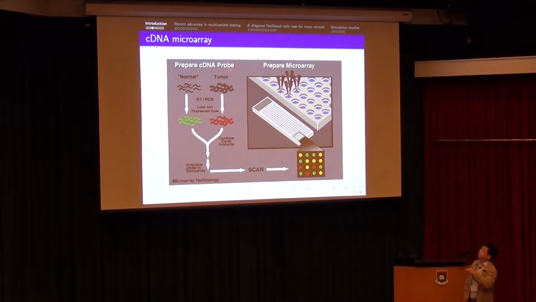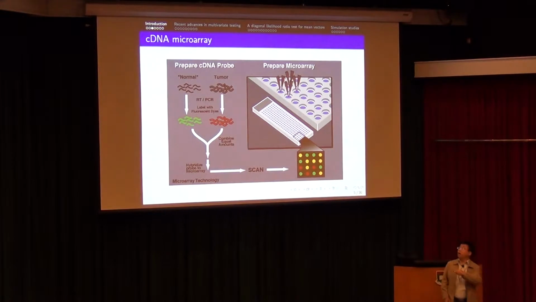But if in the tumor patients a certain gene, like the first gene, is overexpressed, then we will have many more red RNAs, and if we combine them, the red one will dominate the green one, and you will see a red spot. With the same idea, if the tumors are underexpressed, then we have very few red ones and it eventually turns out green.